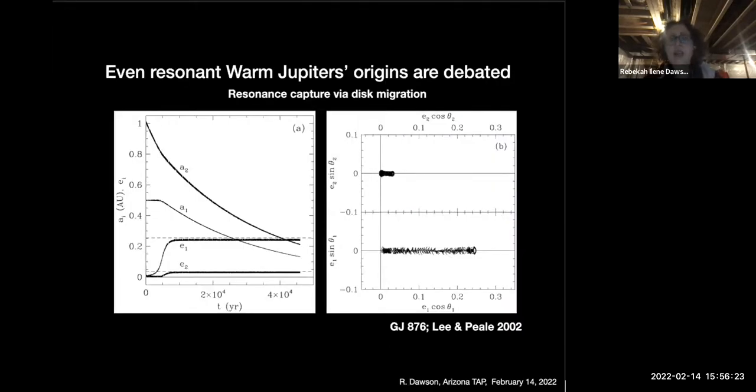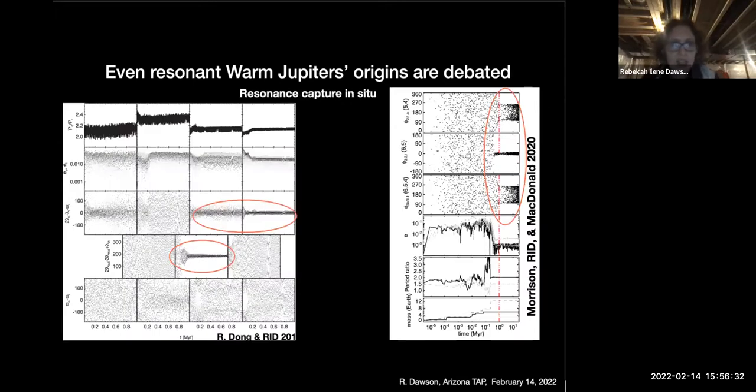But you don't necessarily need a large-scale migration to get captured into resonance. For example, we've been exploring how giant planets can get captured into resonance just by interacting with each other and their local gas disk without migrating very much. And we've been exploring how in situ formation, which I'll talk a little bit more about later, can also get things into resonance.